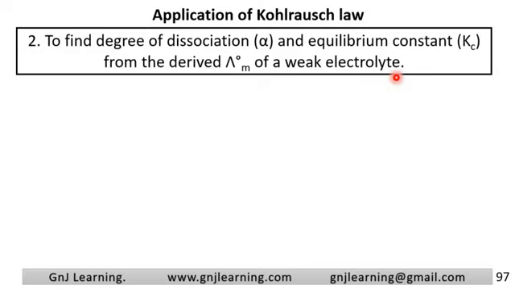Degree of dissociation is important for weak electrolytes, not for strong electrolytes, because for strong electrolytes the degree of dissociation is 1 in dilute solutions, whereas for weak electrolytes it is not 1. In acetic acid, for example, out of 100 molecules, only 5 on average will be dissociated in water at normal concentrations.